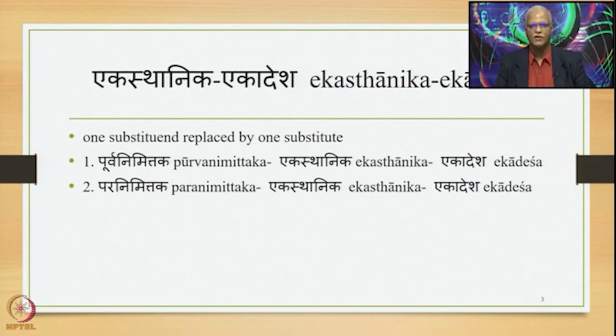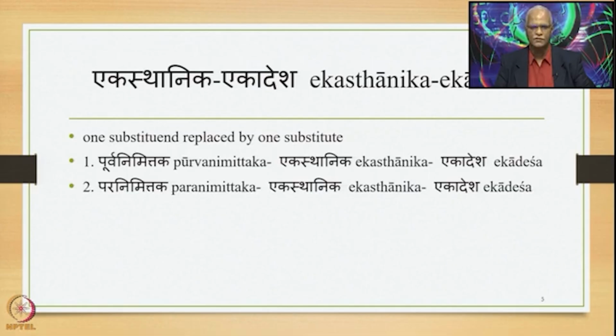This specific division had to be made mainly because of a peculiar usage of the instrumental case used in Hal Sandhi, and we have already studied two such cases, namely Shchuna and Shtuna.